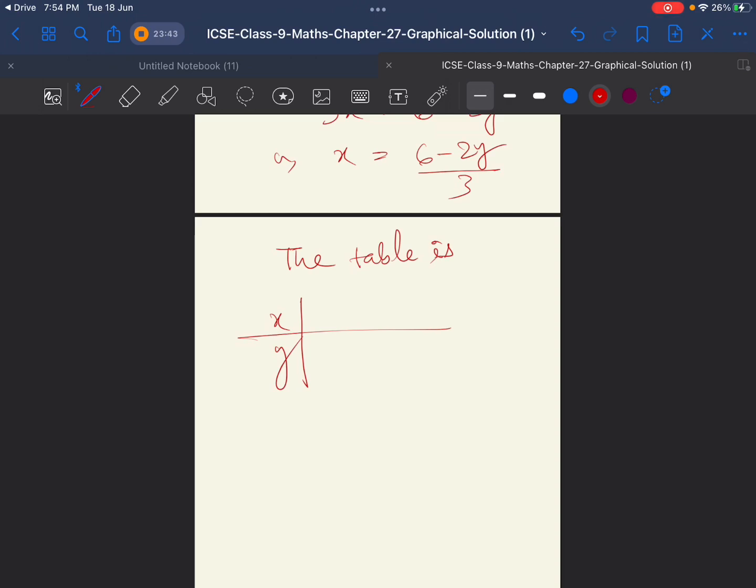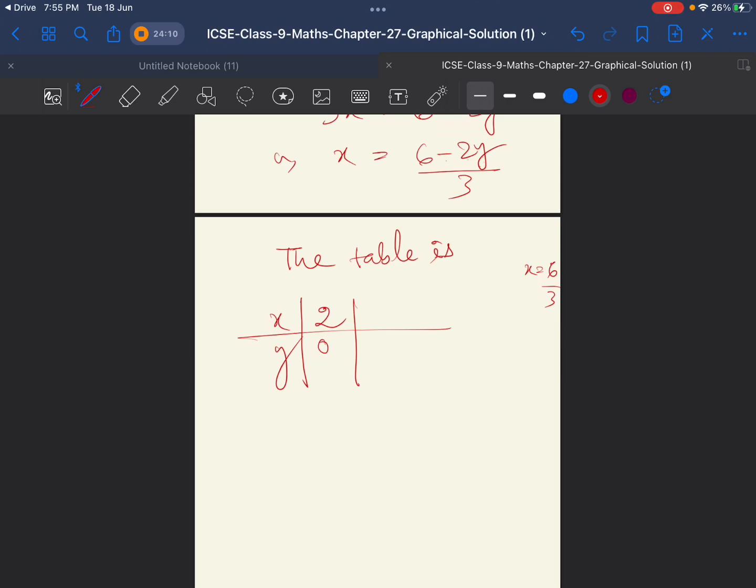Here the table is x and y. When y = 0, now we substitute the value of y, then we will get the value of x. When y = 0, then x = 6/3 = 2, so y = 0, x = 2.